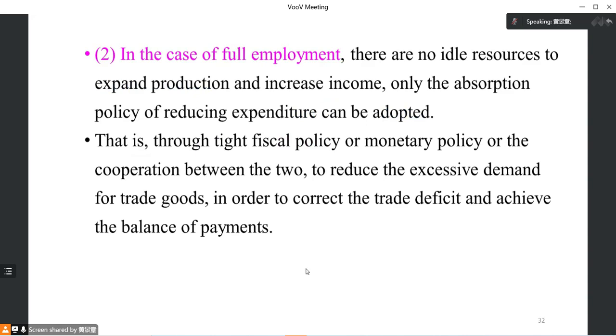Two. In the case of full employment, there are no idle resources to expand production and increase income.